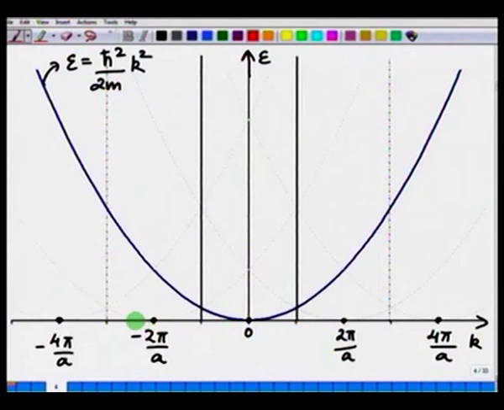The periodicity is 2 pi by a in reciprocal lattice, and therefore this is 4 pi by a, another lattice point.